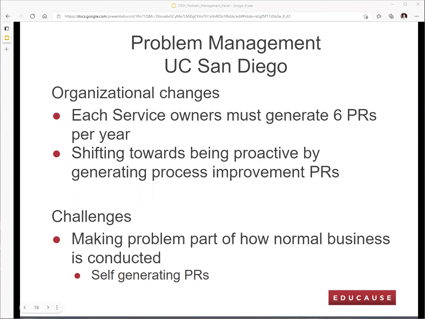If you're being proactive about trying to reduce issues that come up or that could come up, you're going to make your process, your service, better.